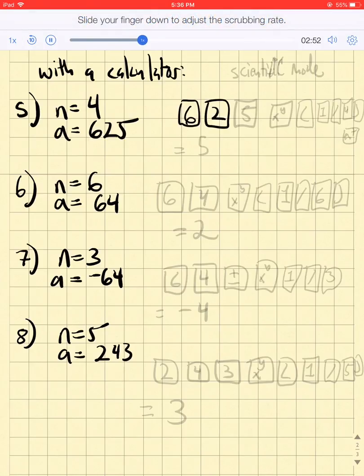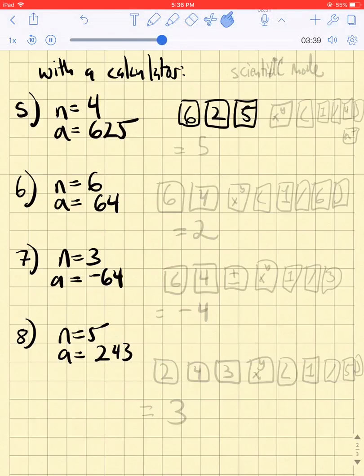Just number 5, and then for an x to the y button, you have to be in scientific mode for this. That's a C mode. Right? And so there's a button, x to the y.